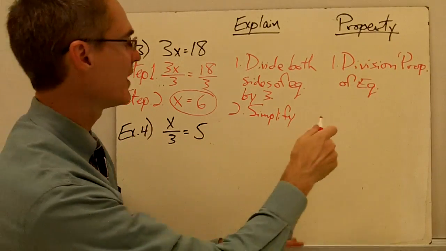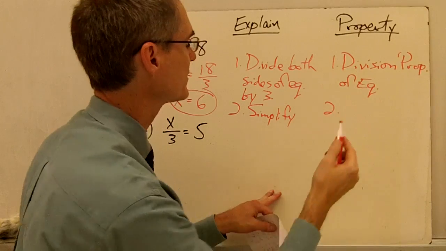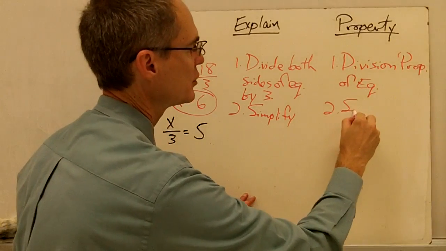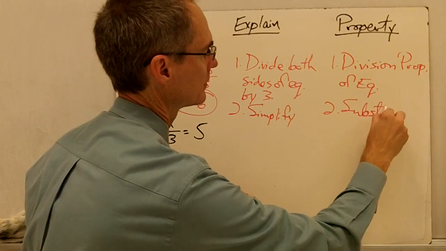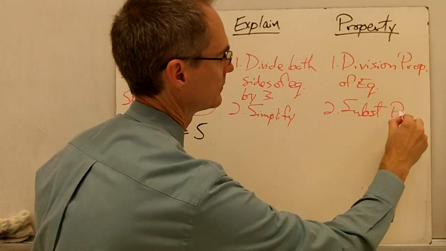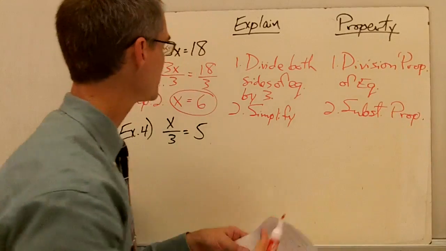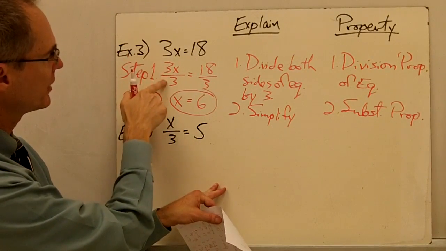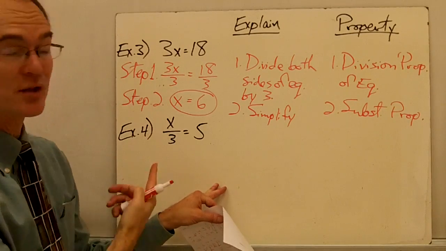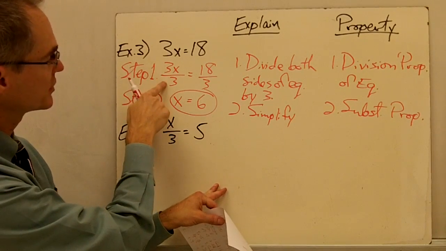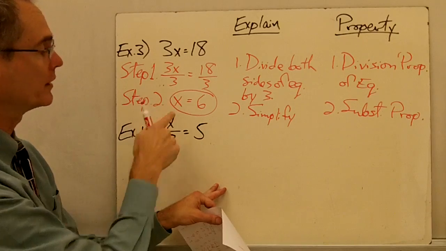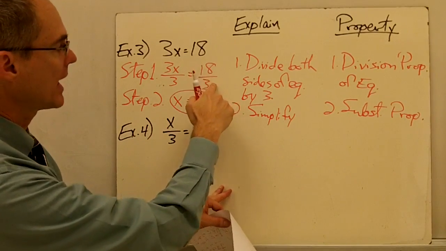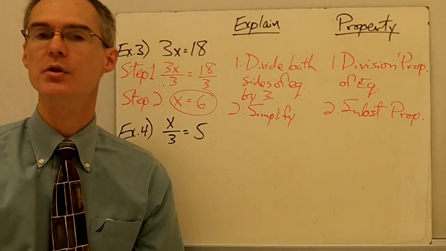But what I'm calling simplifying is essentially the same thing I did in examples 1 and 2. I'm using the substitution property of equality again. Since 3 divided by 3 is the same as 1, I'm basically substituting 3 divided by 3 for 1 times x, and I'm substituting the number 6 for 18 divided by 3. So that's the substitution property again.